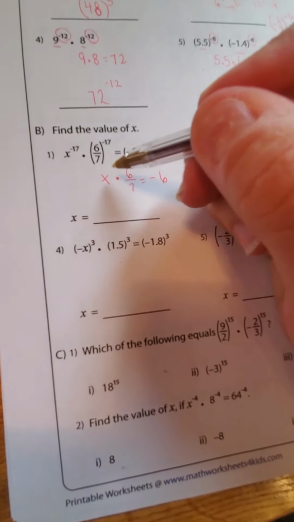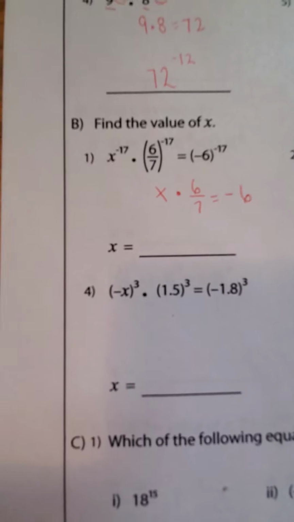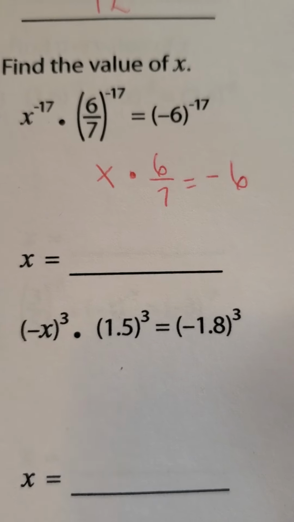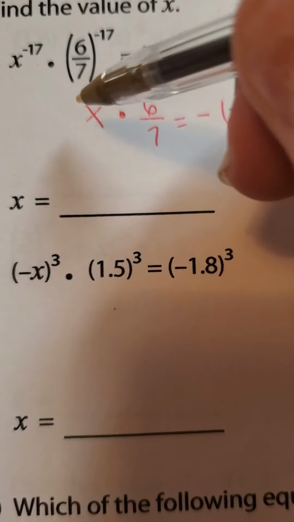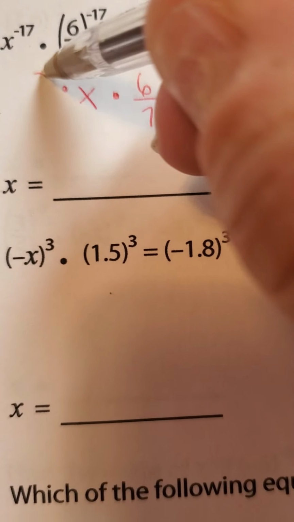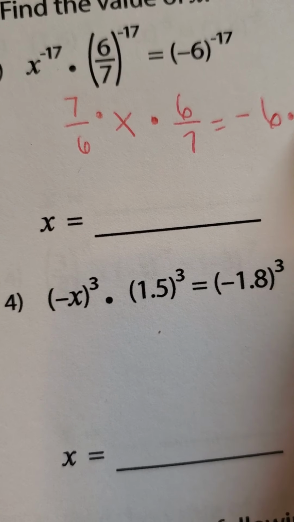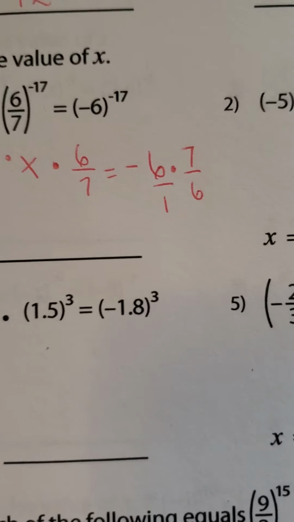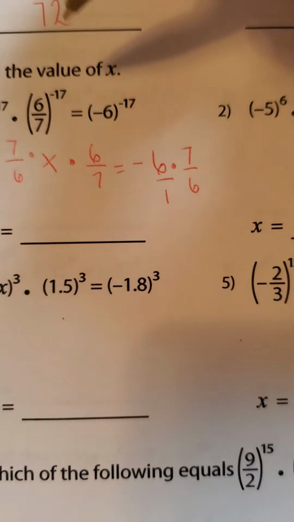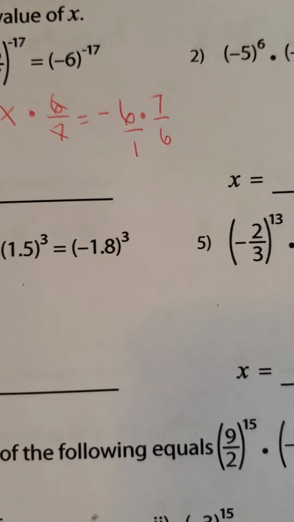So one thing that you could do, because this is a fraction, a couple different things you could do actually. One is you could divide both sides by 6/7, or you could multiply by the reciprocal of 7/6. So I'm choosing to multiply by 7/6. I'm going to put a little 1 underneath it there. On the left side, the 7s are going to cancel and the 6s are going to cancel.